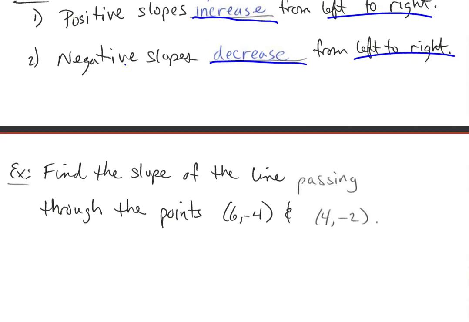Let's try an example which says this: find the slope of the line passing through the points (6, -4) and (4, -2). So we're given 2 points here, and notice there is no coordinate plane drawn for this one. We don't even need that though, given what we know above.